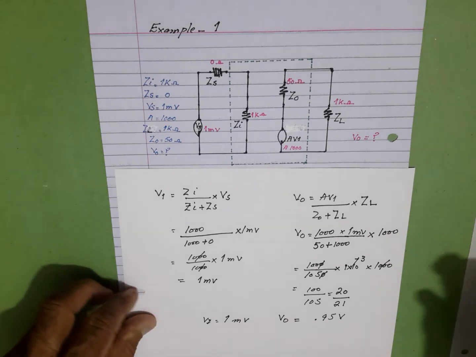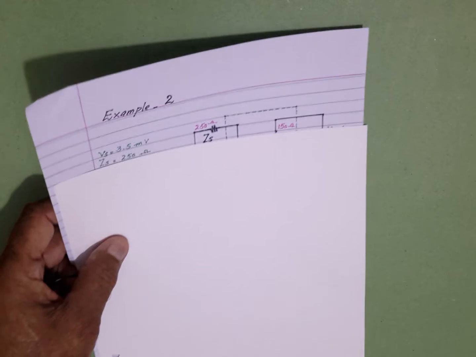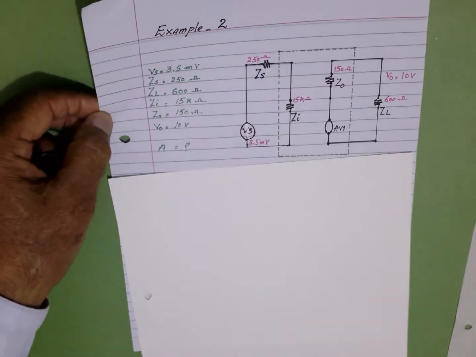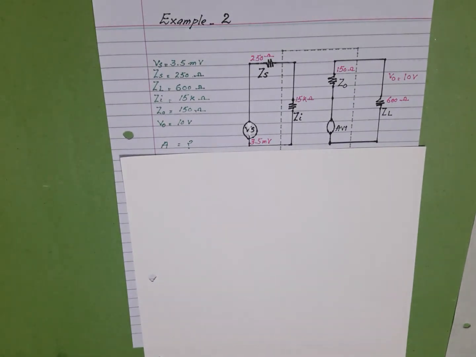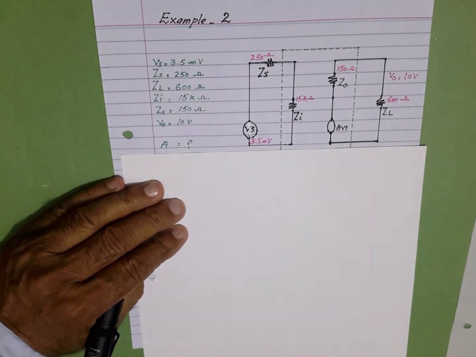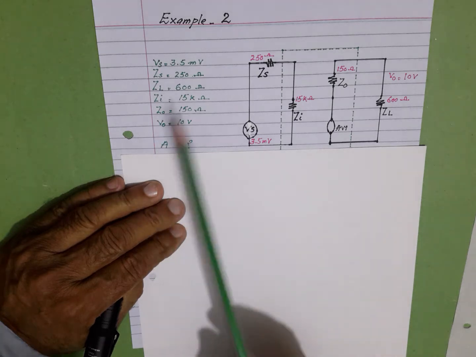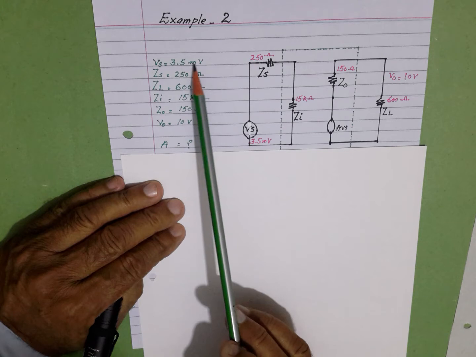In the second example, these are the specifications given. Vs, the source voltage or supply voltage, is 3.5 millivolt.